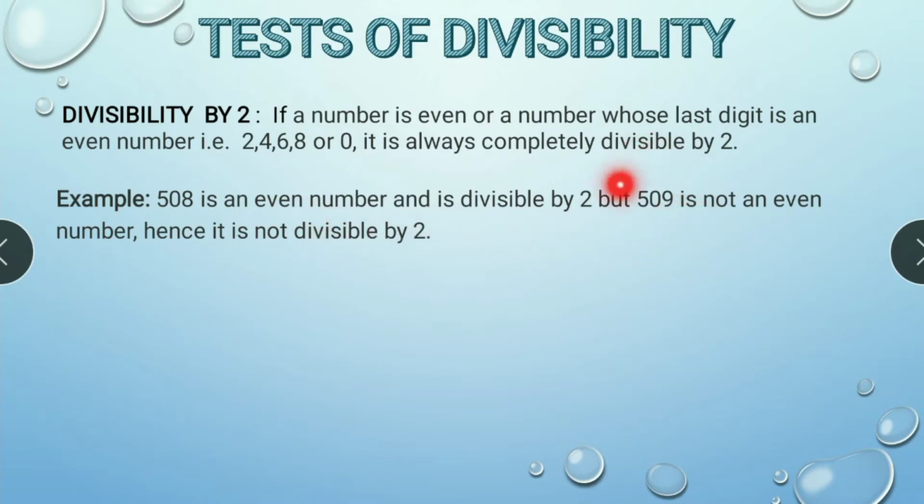Then see, here we have 509. 9 is at ones place, which is an odd number. So this 509 is also an odd number. So this is not divisible by 2. Understood? So if you have got any number, you want to know whether this number is divisible by 2 or not, then you have to see its last place.